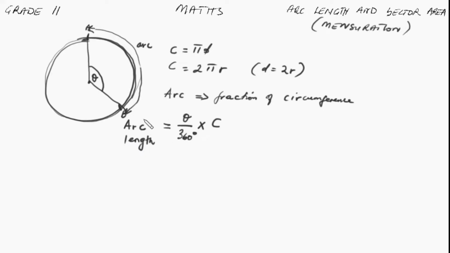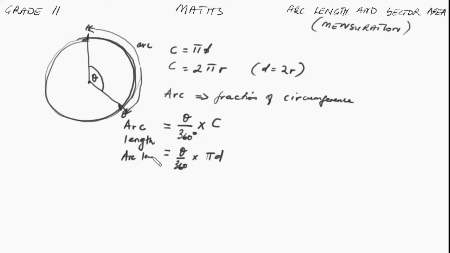Now the arc length is a fraction of the circumference, and the circumference is pi times diameter. So that means we ultimately have theta, the angle, over 360 times pi diameter.